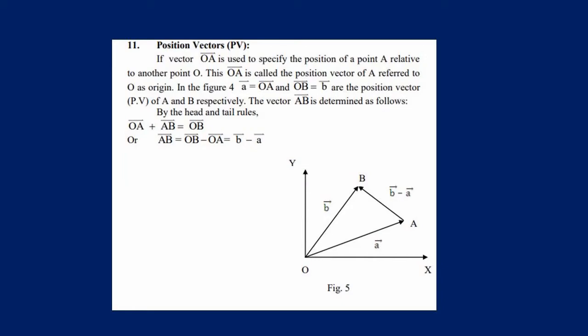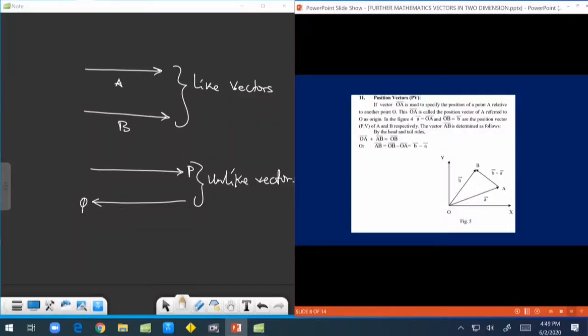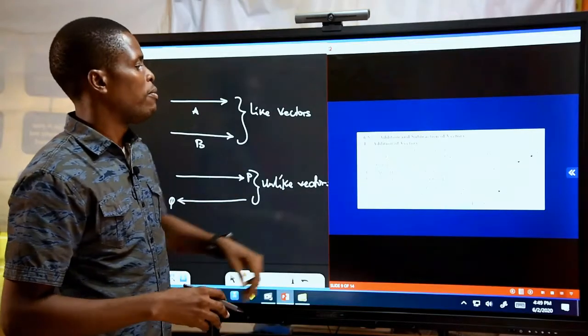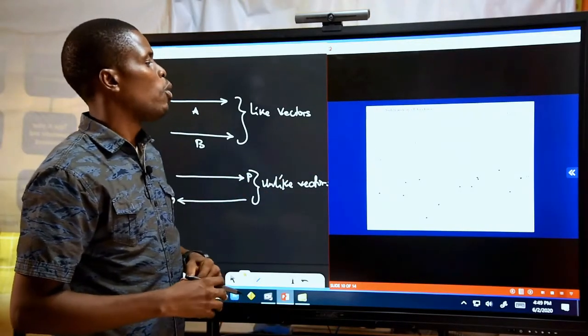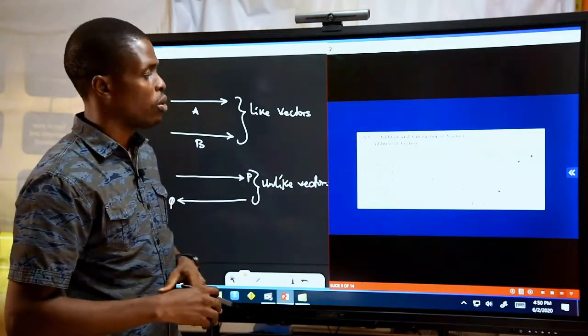The vector AB is determined as follows: AB is the position vector OB subtract position vector OA. That means we can apply this triangle law to solve such vector problems. Our focus will now move to addition and subtraction of vectors.